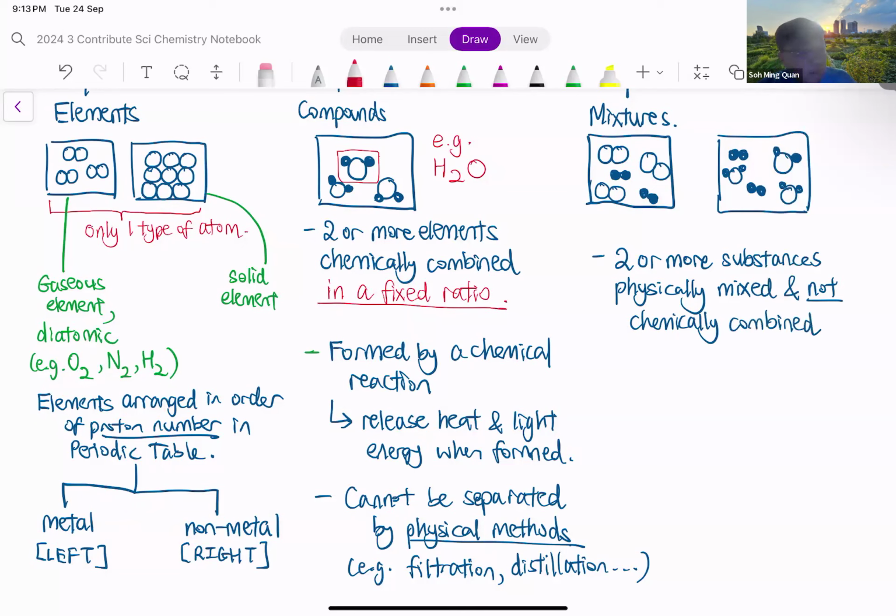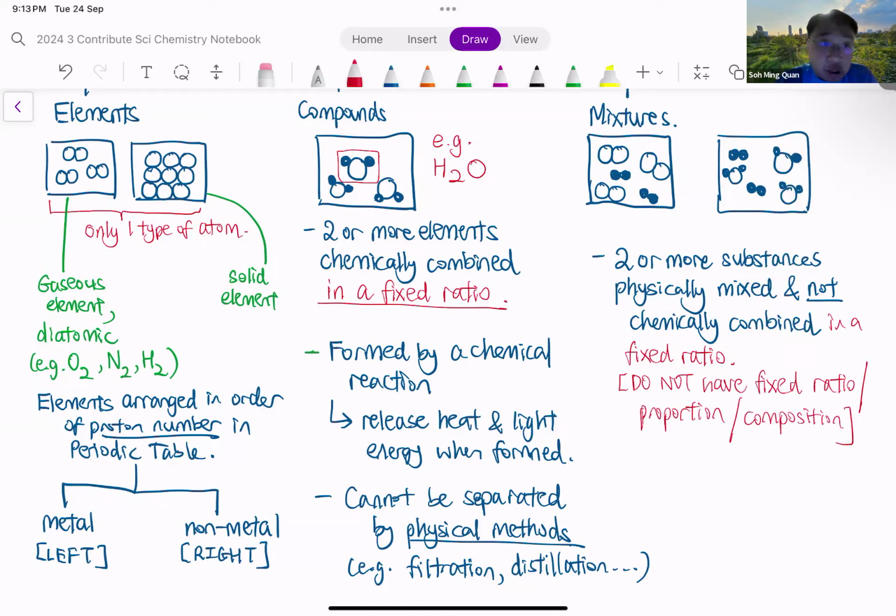And it's not chemically combined in a fixed ratio. Meaning, mixtures do not have a fixed ratio, proportion, or composition.